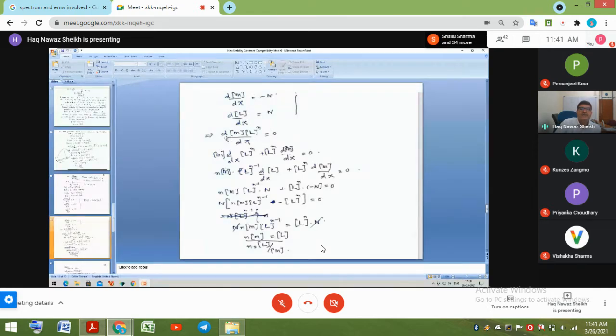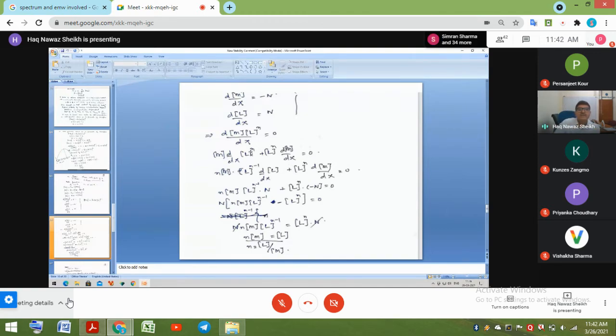Now you expand this equation. When you have two parameters and you are differentiating with respect to χ, you differentiate them one by one. So first M is taken out, and d(L^n) by dχ, and second, plus L^n dM by dχ, is equal to 0.